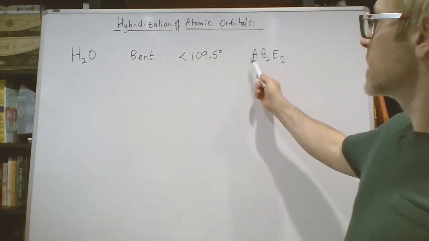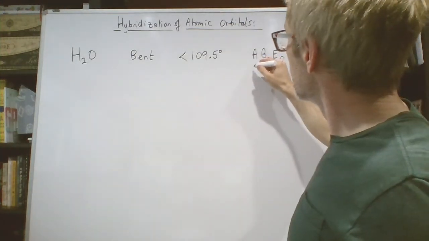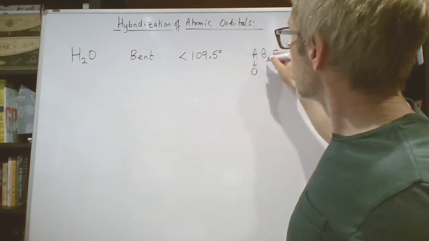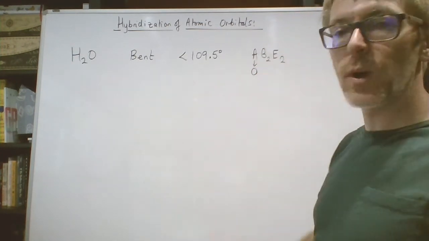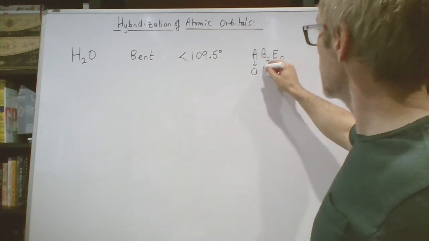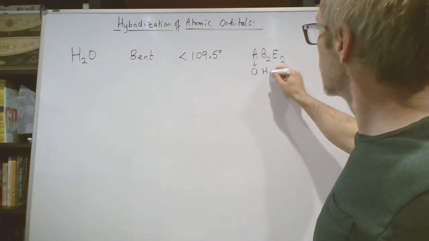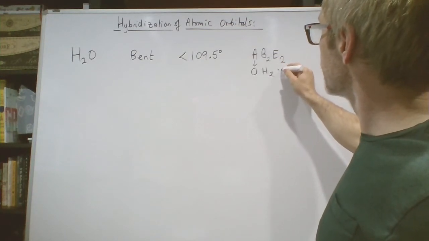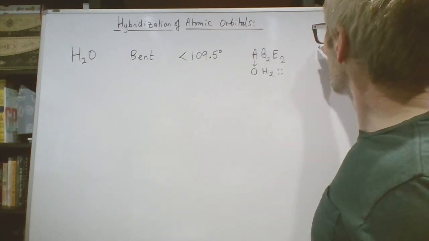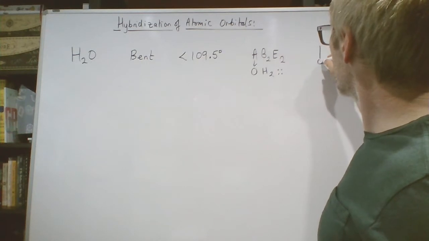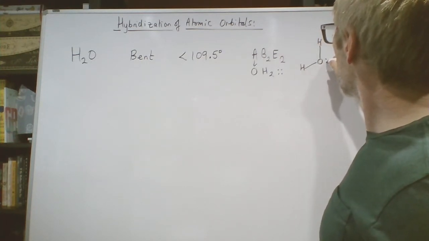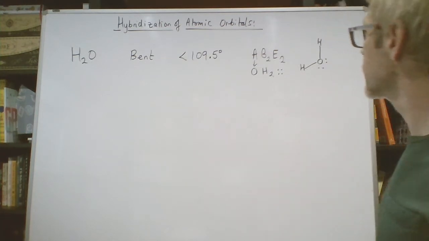So the central atom here would be oxygen. The 2 B's in this way of representing a generic structure would be H. And the E's are the 2 lone pairs. So we have something like this.